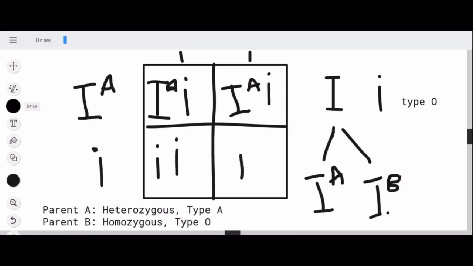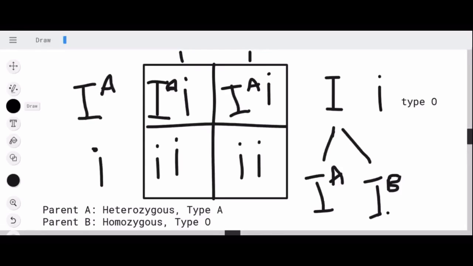If you've played Battleship, you know exactly how to do this. And you end up with that. And so there's 4 possibilities of the offspring of these parents A and B having a certain blood type. And now you know that 2 out of 4 times, for example, if they were to have 4 children, chances are 2 of the children have type A blood, but are heterozygous for type A. And 2 children are homozygous recessive, meaning they have type O blood.